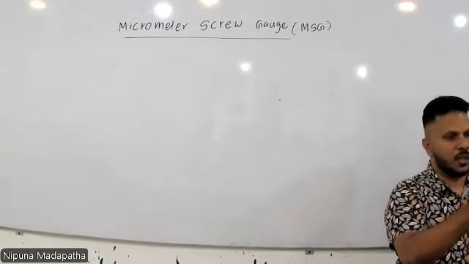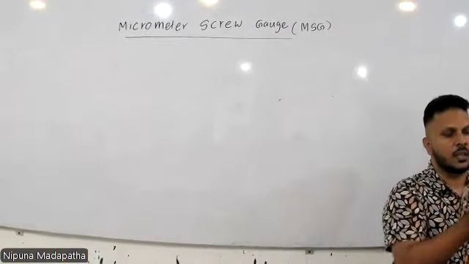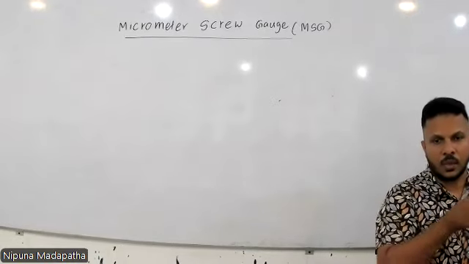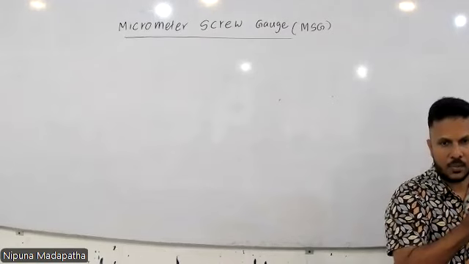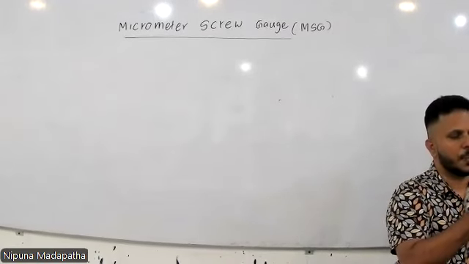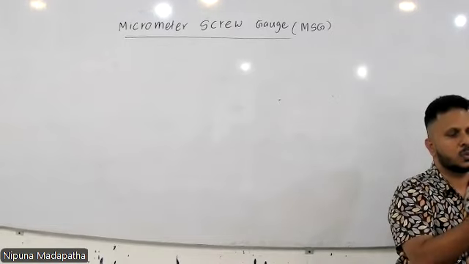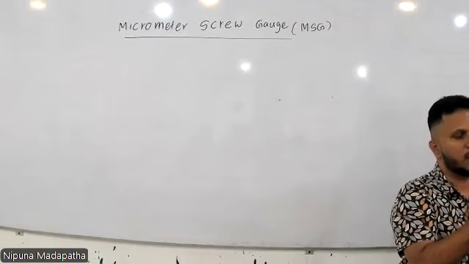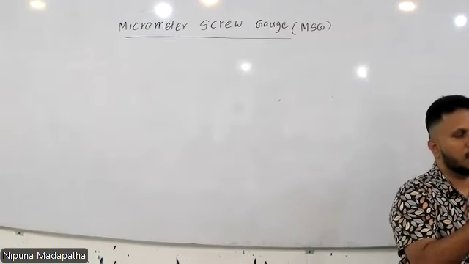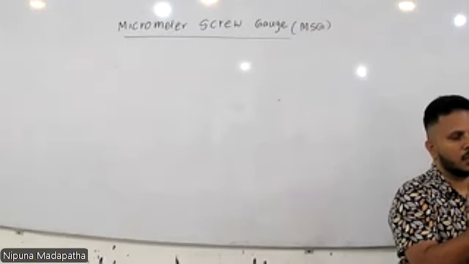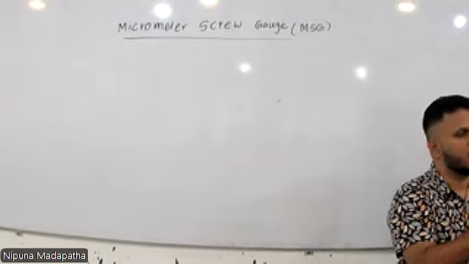This is much like a U shape. This part is called the frame of the micrometer. As you can see, there are two cylindrical parts, one shorter and fixed, the other one moving. When you turn this, you can move this part.